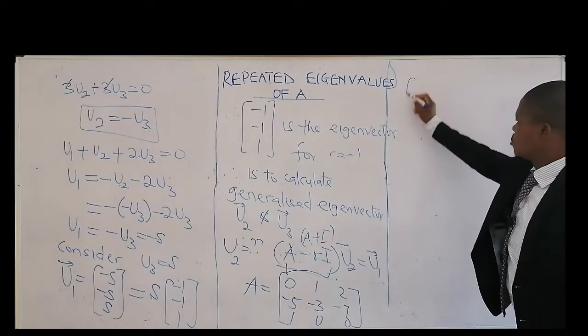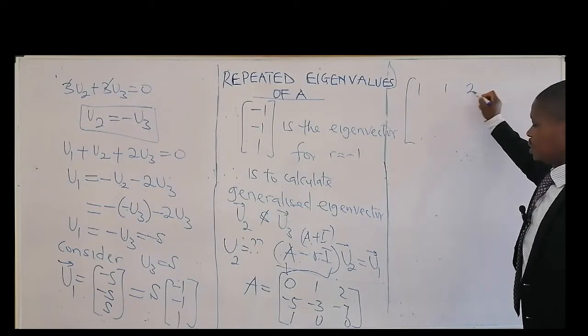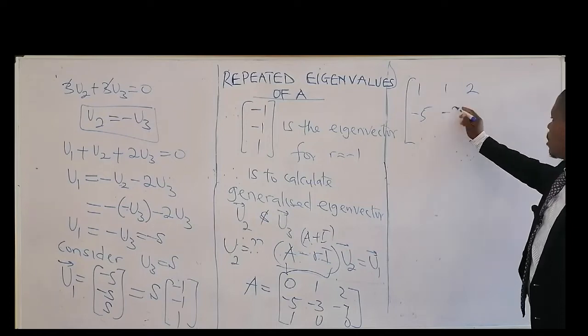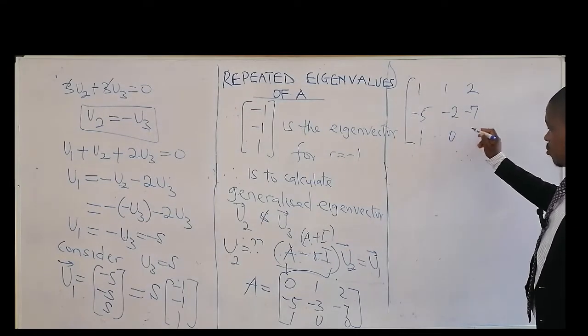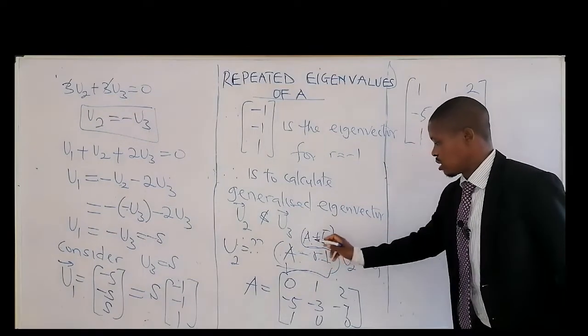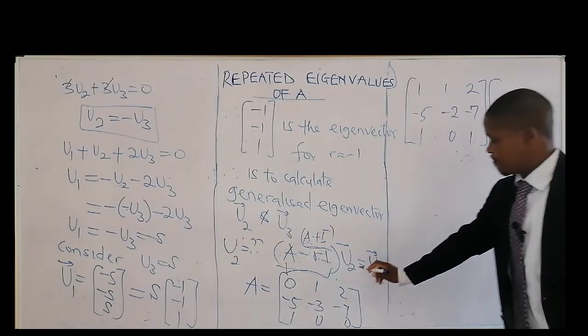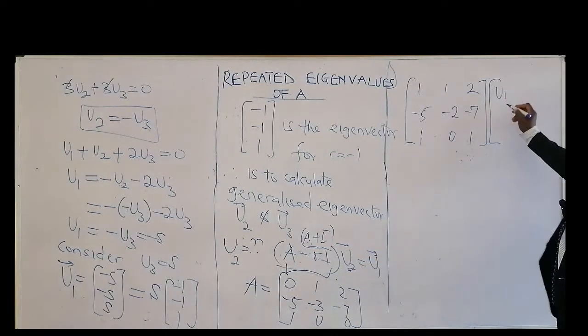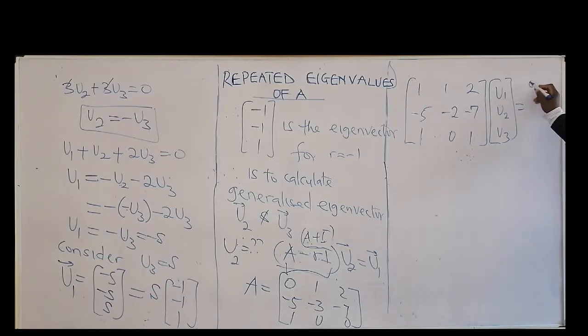You are adding 1 to the main diagonal, which we have said before: minus 2, minus 7, and this is 1, 0, 1. So that's the meaning of this expression, A plus I. Then the components will be u1, u2, u3 equal to 0, 0, 0.